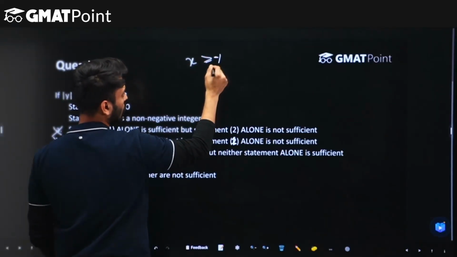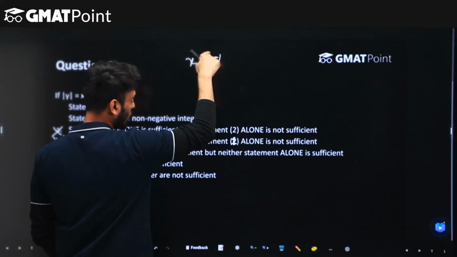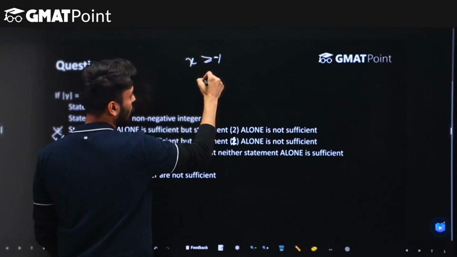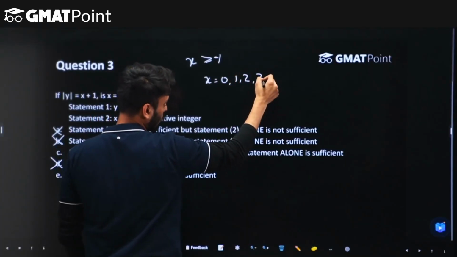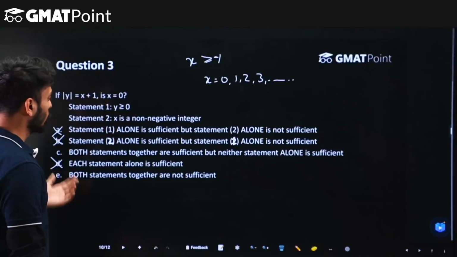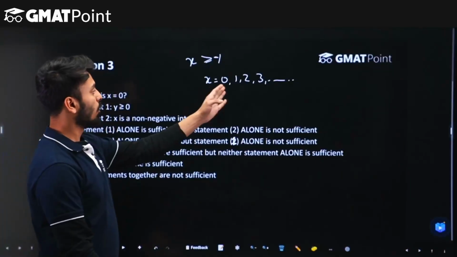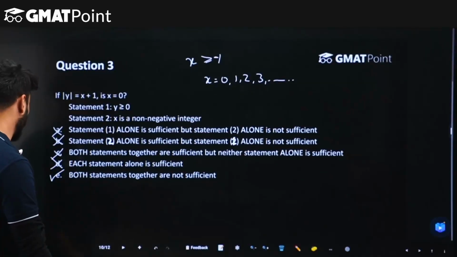It does not allow minus 1, because that's a negative integer. The non-negative integers it allows are 0, but also 1, 2, 3, and so on. Again, combining the two, it's not enough information. x may or may not be equal to 0. So our answer is E. Both statements together are not sufficient.